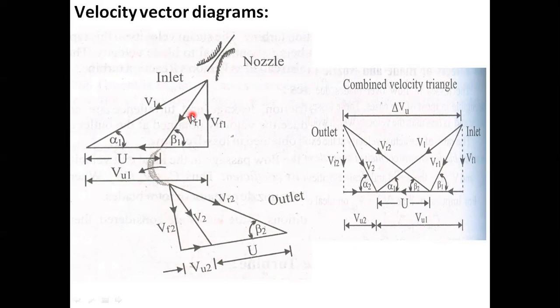See here, this is the inlet velocity vector diagram. This is the nozzle. Steam comes from this nozzle at high velocity, high temperature, and high pressure.